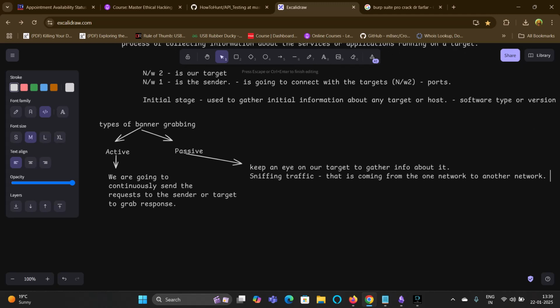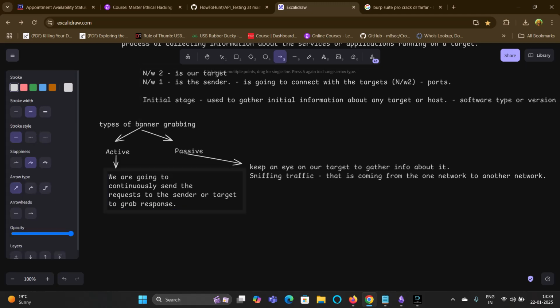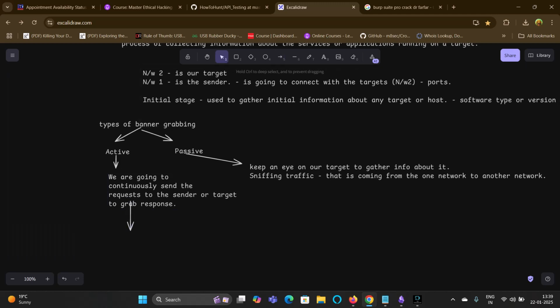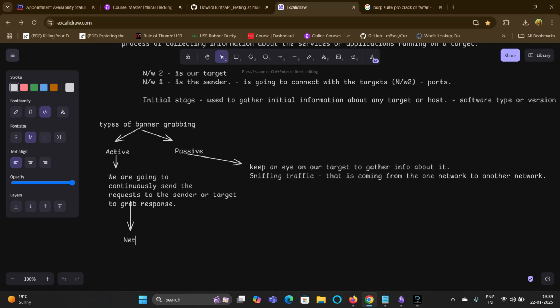Now, the tools which are used to perform banner grabbing. For active banner grabbing, what kind of tools are we going to use? We are going to use netcat, and also telnet. We can use these two tools for active banner grabbing.